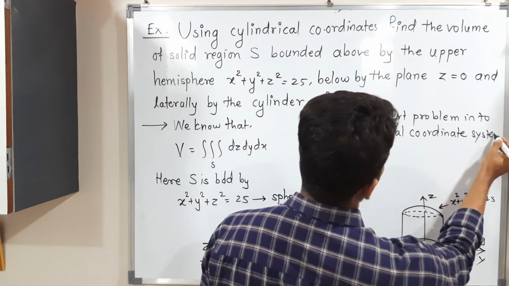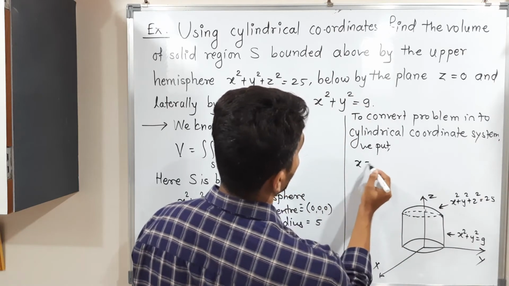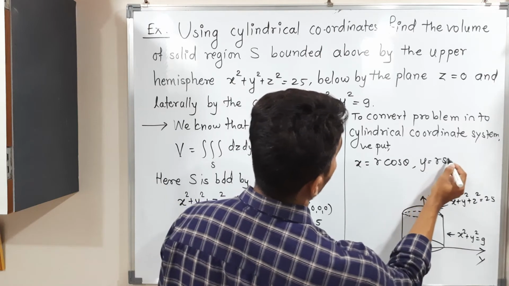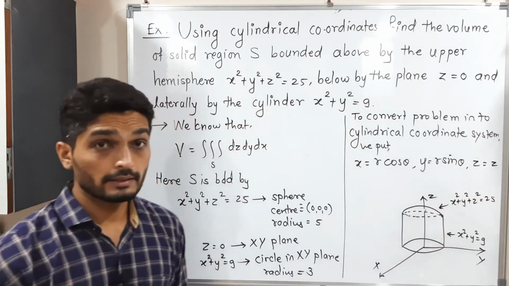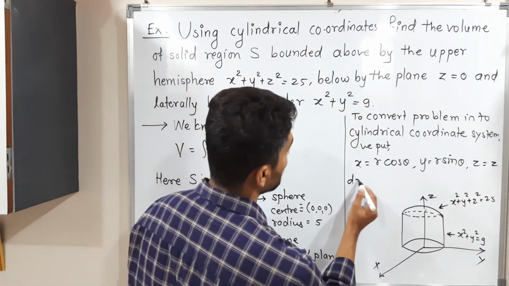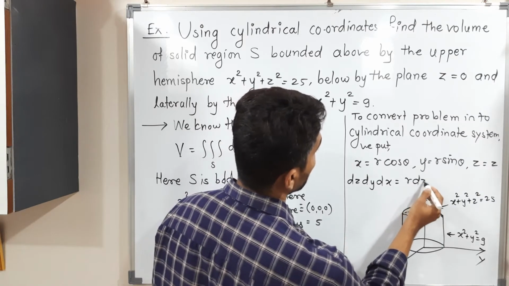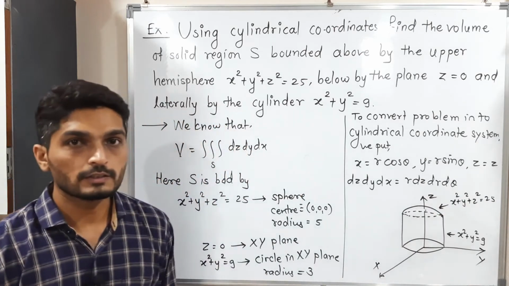We put, what do we put, tell me? x is equal to r cos theta, y is equal to r sine theta and z is equal to z. Then our dz dy dx will be r dz dr d theta. Right, this thing we have.